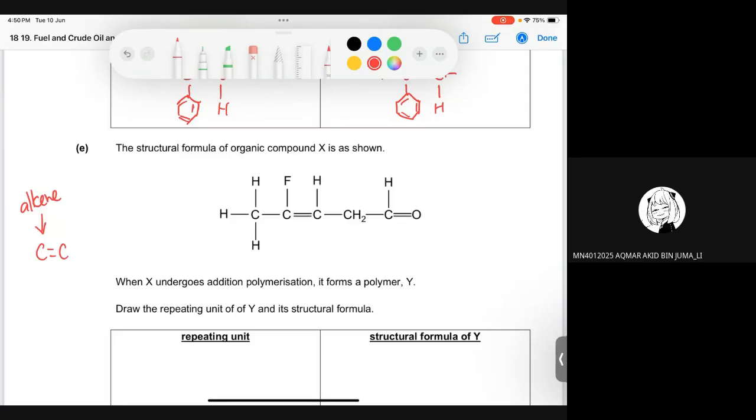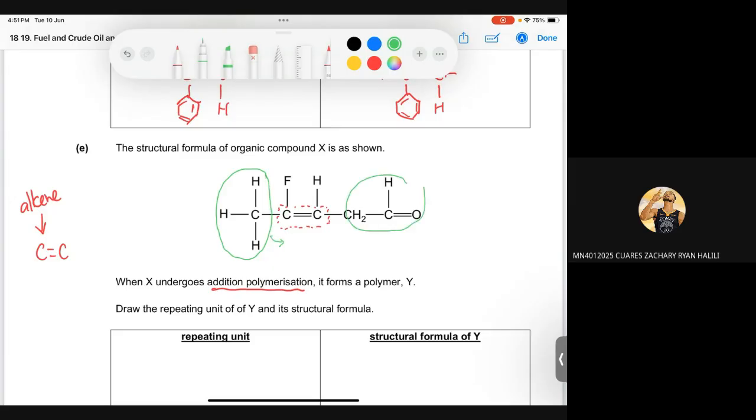So in this structural formula of organic compound X, it undergoes addition polymerization. Can you tell me where specifically is the part that undergoes addition polymerization? Where the C double bond C will break. So your focus is over here, this C double bond C. Although the molecule looks super big, what I'm going to do is condense it such that my focus is on the C double bond C. So in green, this part, I'm going to shift it down.